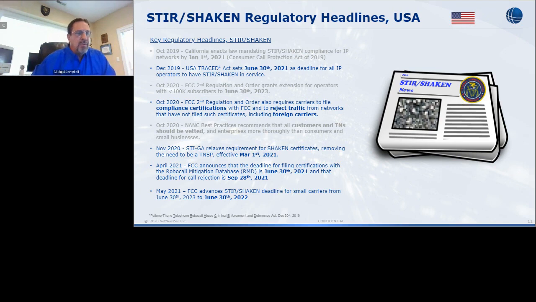In October of 2020, almost a year later, the FCC issued its second report and order that established a whole lot of criteria around this. Some really important ones were the requirement to file certifications with the FCC indicating how you had met the requirements of the TRACED Act, and also a requirement to reject traffic from carriers who had not done that.